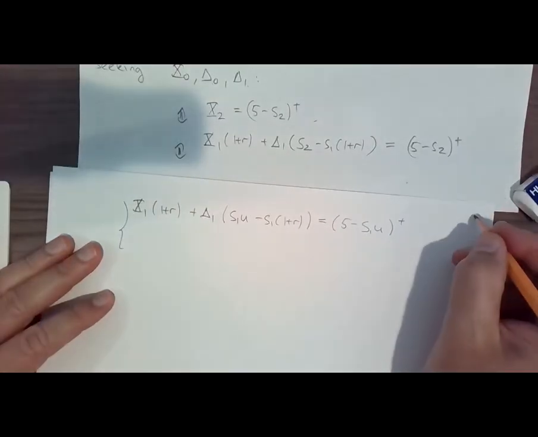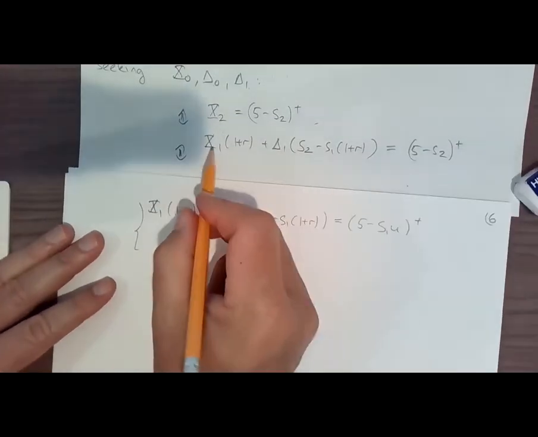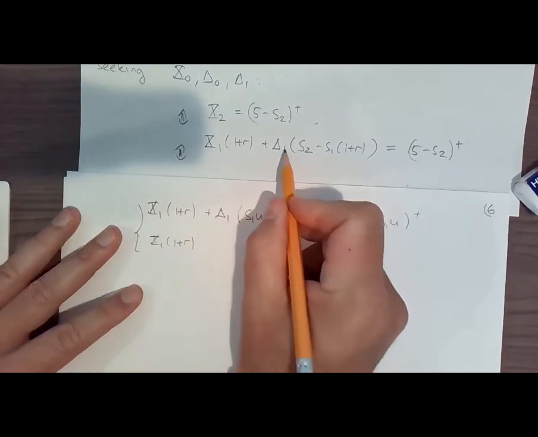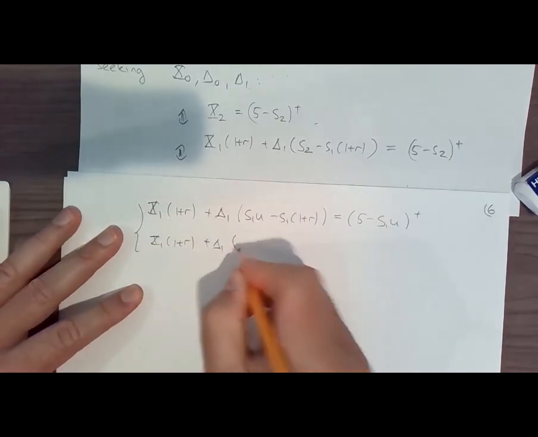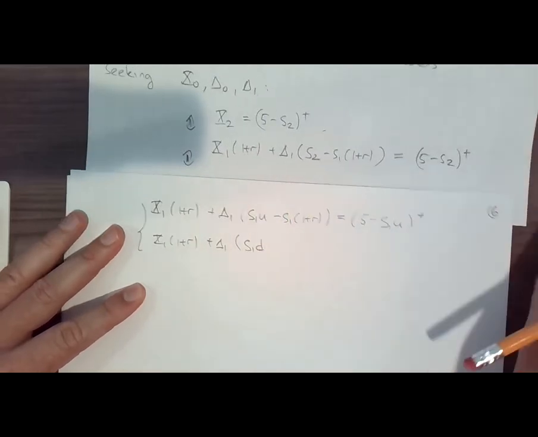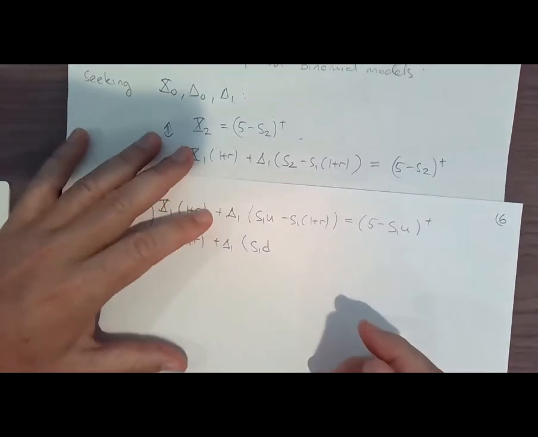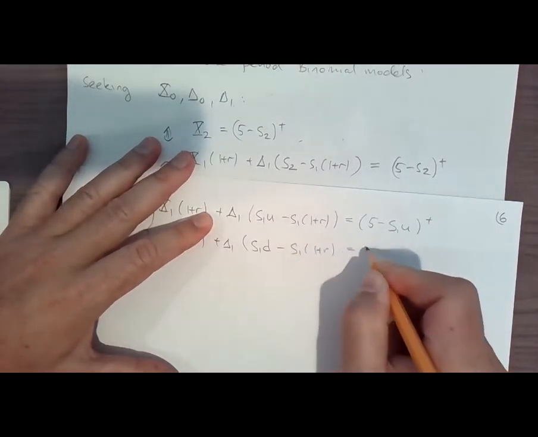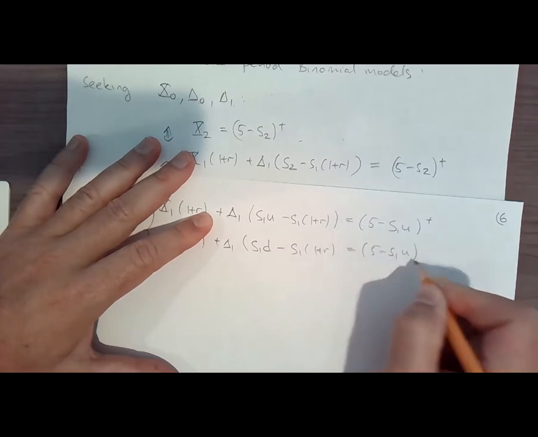Same thing for the bottom. Nothing changes in the first part. This is x1 times 1 plus r. The other one is delta 1. And then I'll have S2, which changes now because it's S1 times D, minus S1 times 1 plus r. This is equal to 5 minus S1U, positive part.